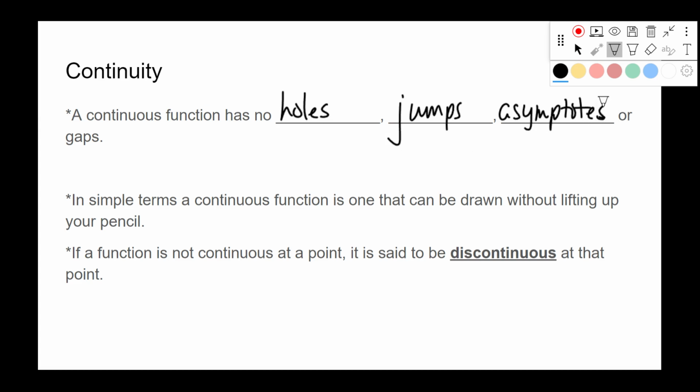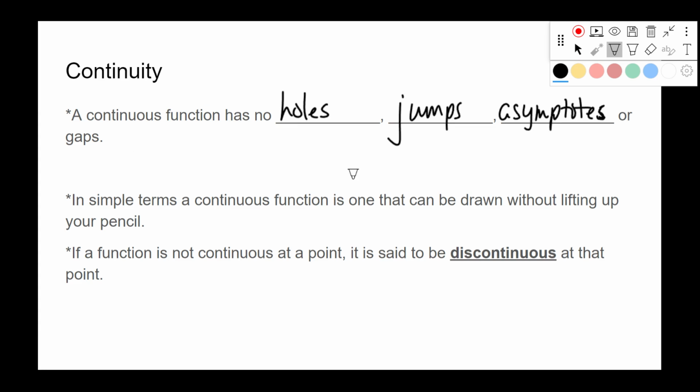So a lot of the functions that you've graphed before, traditionally, your y equals x squared, your y equals x cubed, square root x, absolute value x, all of those functions were continuous. The ones we just got finished graphing, those power functions, the polynomial functions, they were all continuous. They had no holes, jumps, asymptotes in them, no gaps between one piece and another, nothing like that.